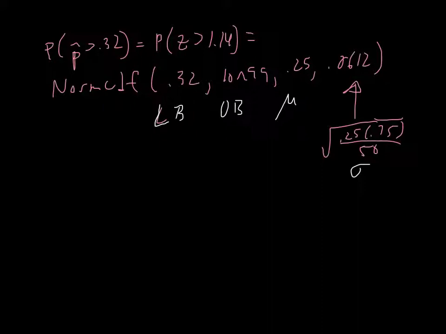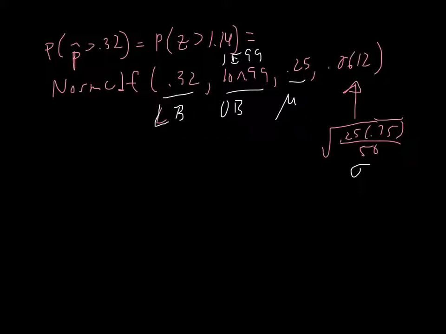And same thing as always, we have a lower bound and upper bound, mu and sigma, and so we have 0.32 as our lower bound, all the way to 10 to the 99, or 1e99, depending on how you like to use your infinity notation or entry.